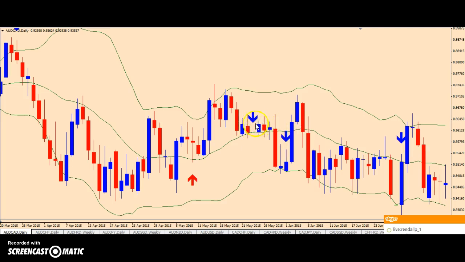Okay, this one, same, sell signal. An inside bar shows bearish tendency, and then we had the drop.